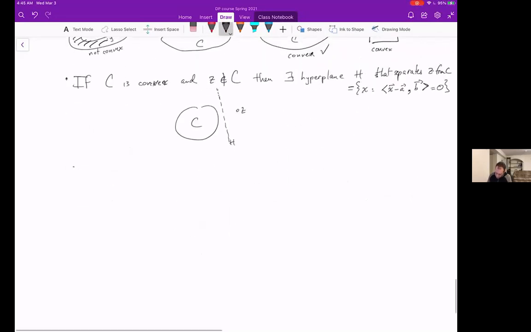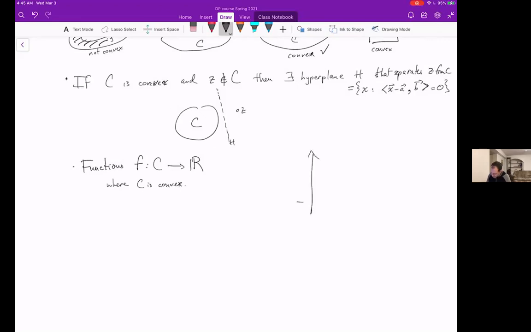All right, so functions are convex. For a function to be convex, it should be defined on a convex set, and it takes real values.